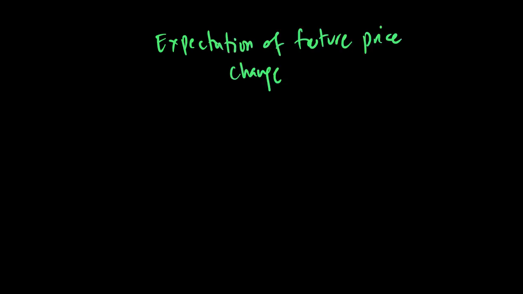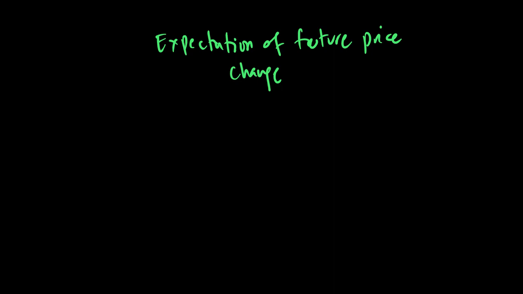Lastly, there is also a factor called expectation of future price change. What do we mean by this? If consumers believe that prices will fall in the future, they're likely to buy more later when the prices fall. And this has been very common with high tech products.